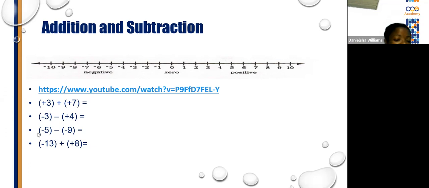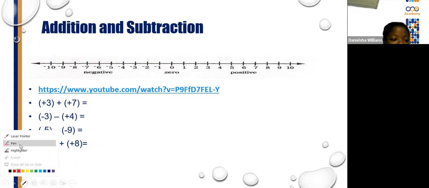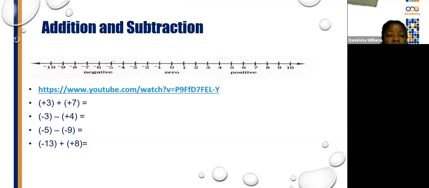Let me demonstrate by looking at the third item. Let us first identify where our starting point is. So we're looking at -5. And usually to carry out a subtraction, we should go in the left direction. This is the general direction that we go for a subtraction.